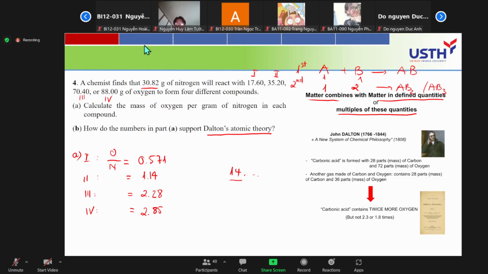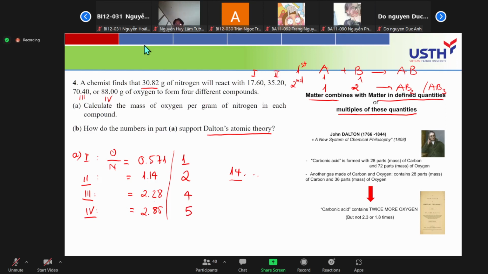If we consider this one as 1, in the second compound the mass of oxygen will be 2 times the first case, in the third compound 4 times the first case, and in the last one 5 times the first one.